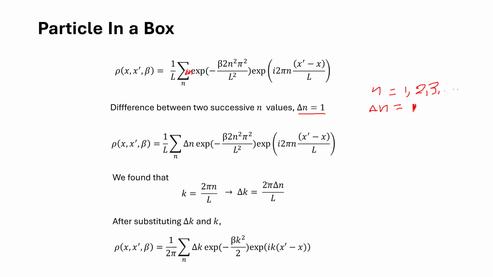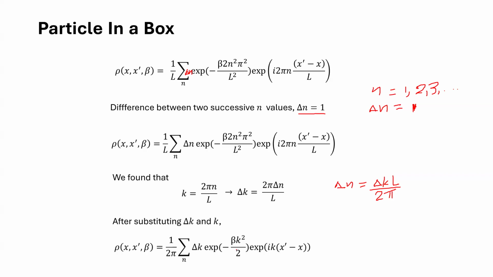So delta n is equal to delta k L over 2 pi.